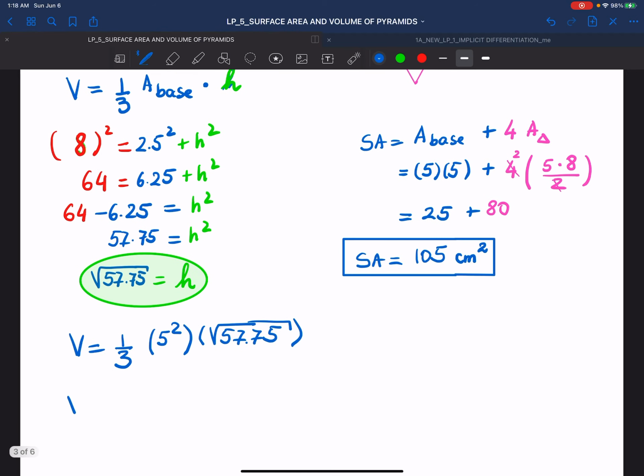And for this, I'm going to use a calculator. If it makes more sense to you, you can also write this as a single fraction with 3 at the bottom, and on top you have 5 squared, or 25, times root 57.75. Let me grab my calculator.